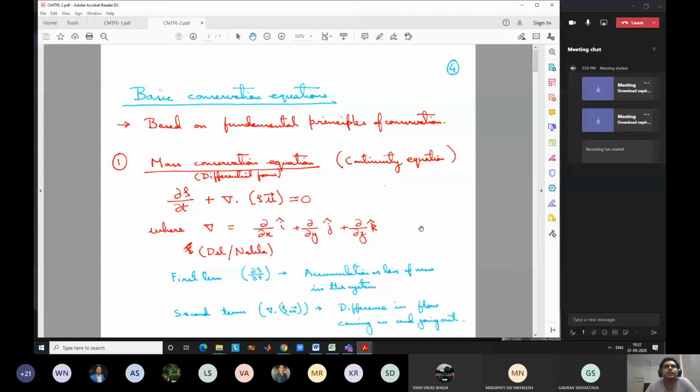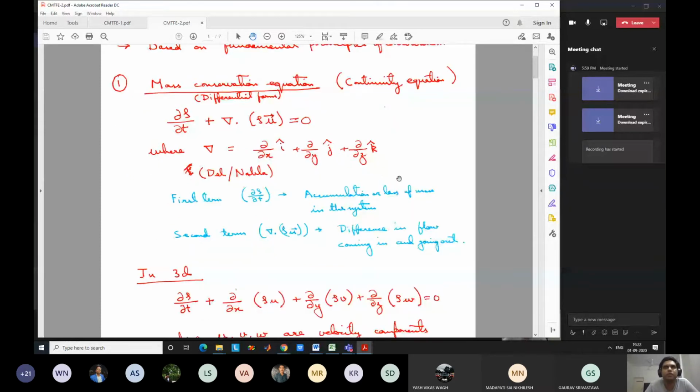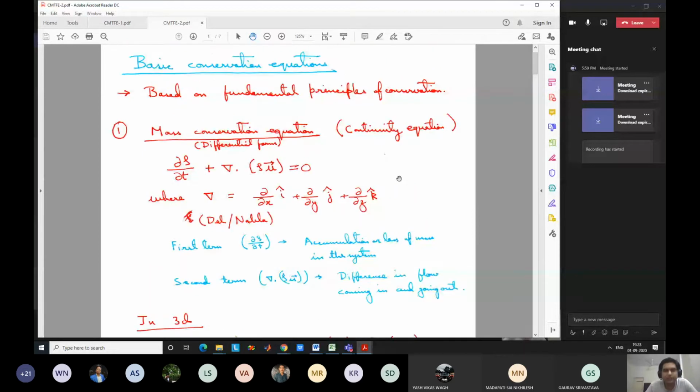These basic conservation equations are based on fundamental principles of conservation. We know that some things are conserved in nature. For example, Newton's law tells us that momentum is conserved. The first law of thermodynamics tells us that energy is conserved. These are the basic fundamental laws on which the conservation equations are defined.